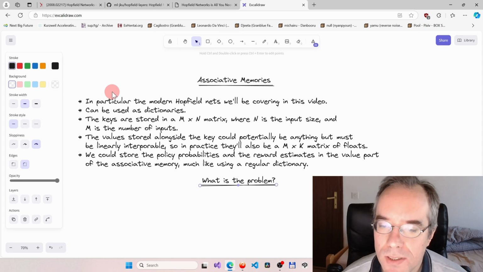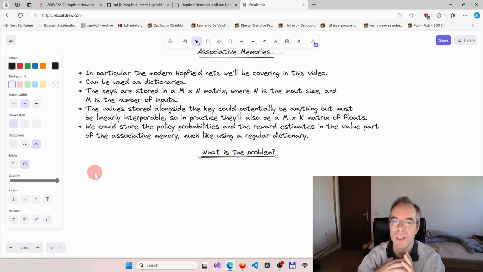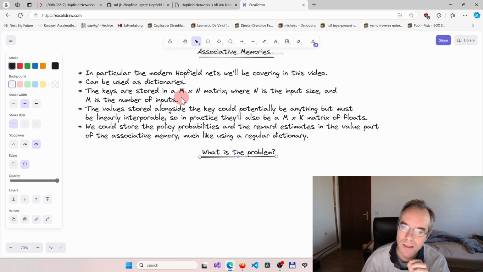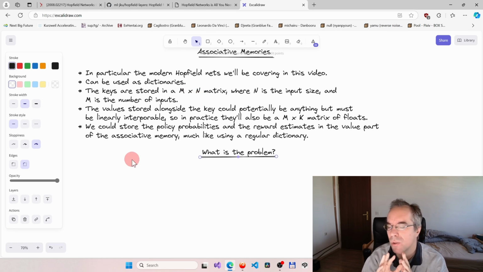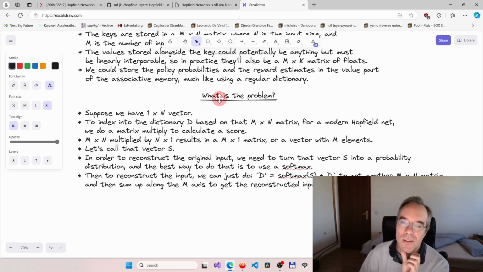And so what is the problem? It's related to how these associative memories are indexed into. We have an m by n matrix, and it's a dictionary. First, let me explain how it works.